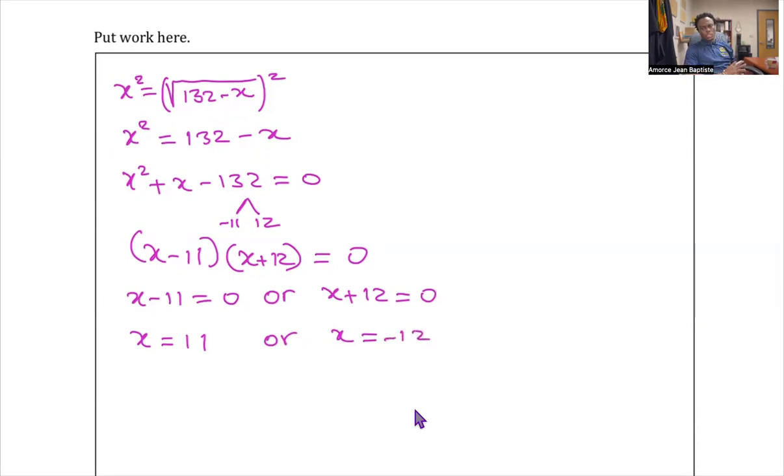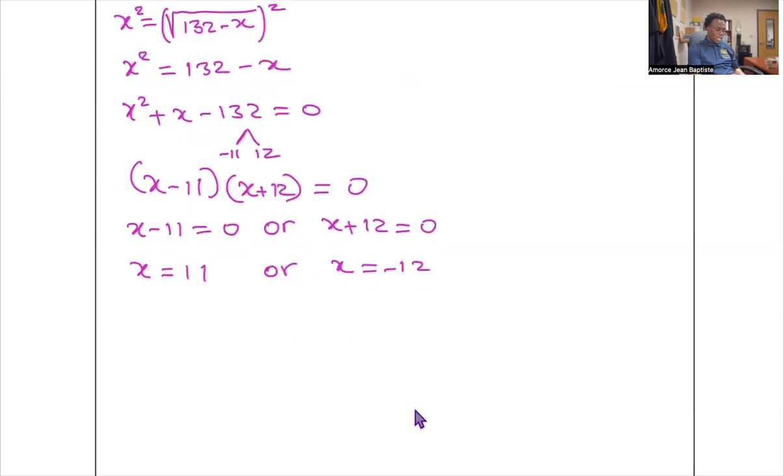Now, the danger when you're solving these types of equations is that the solution you get is not always a valid solution. You may want to verify, or check for extraneous solutions.